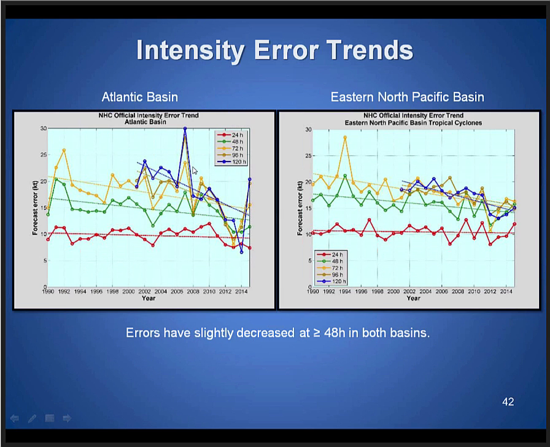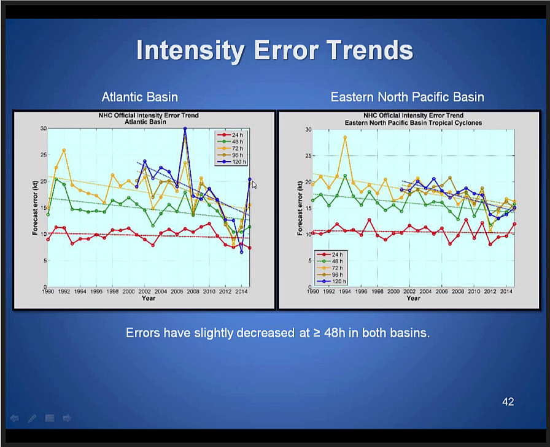You can see we've had what looks like a really sharp drop in the errors, especially for days 3 to 5. But some of this is because we've had some pretty wimpy hurricane seasons. If you don't have Category 4 and 5 storms, your errors tend to be limited. That's partly why we've had smaller errors, except for last year.